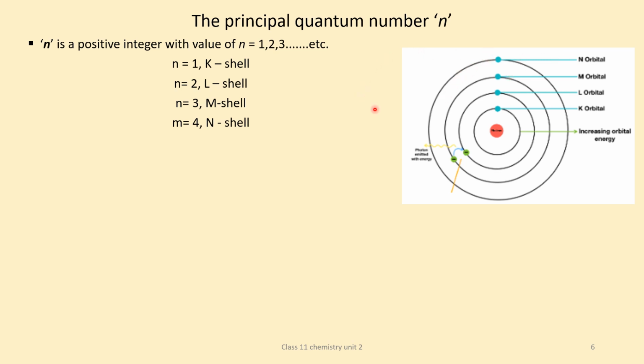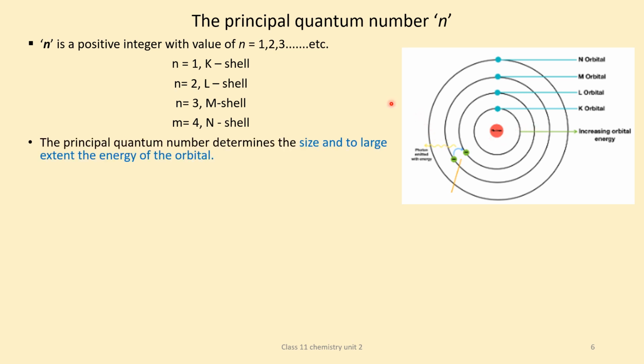It has got different meaning. The central point in the diagram is the nucleus, and all the orbitals are increasing as shown in the figure, increasing orbital energy. The principal quantum number determines the size and, to a large extent, the energy of the orbital.